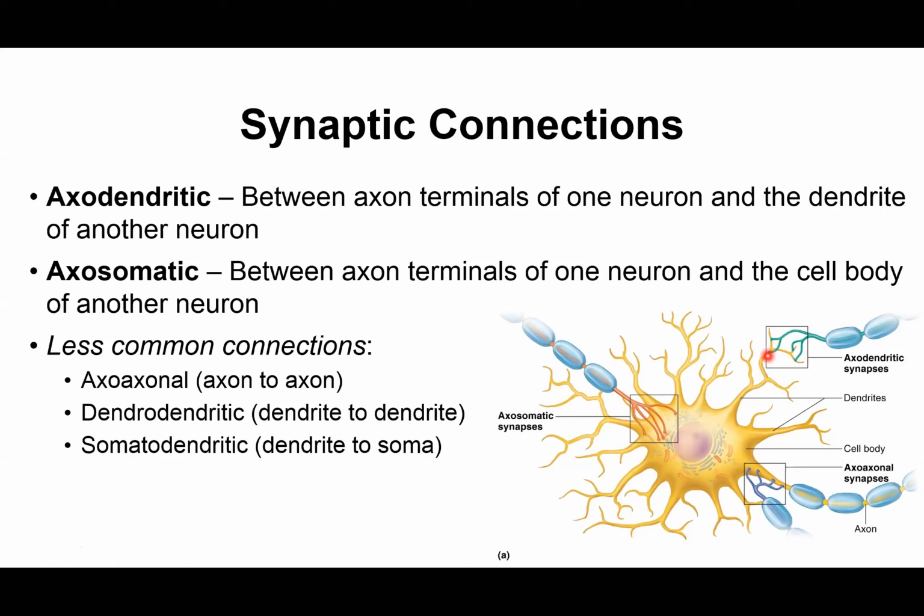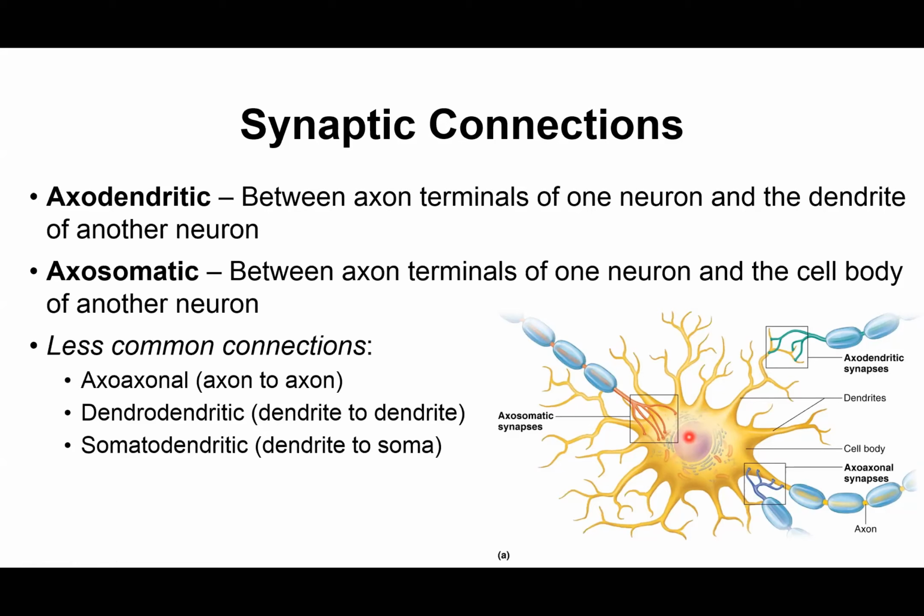The other type would be axosomatic. Axosomatic synaptic connections occur between the axon terminals of the presynaptic neuron and the cell body of another neuron. The somatic part refers to soma, and soma means cell body.